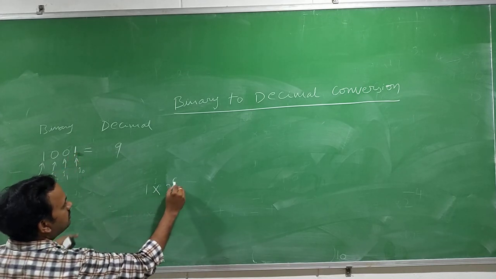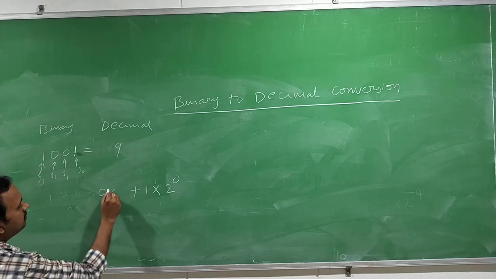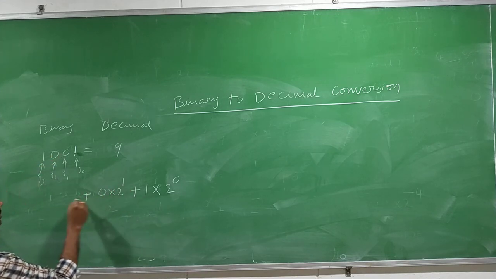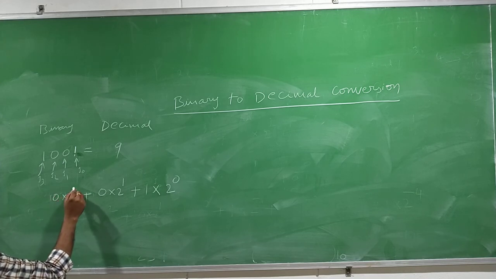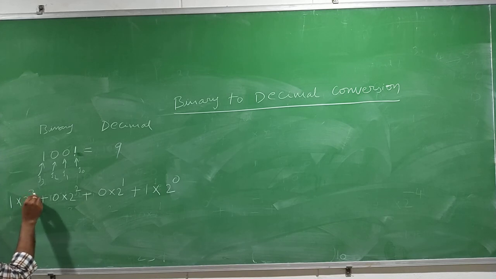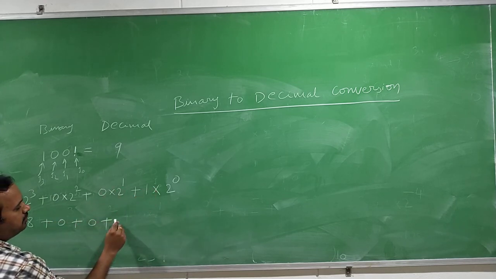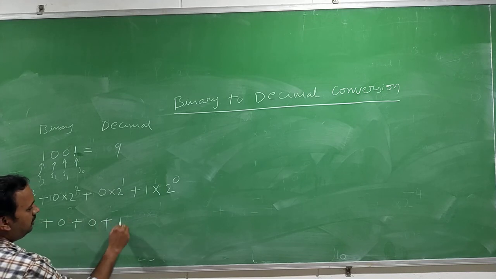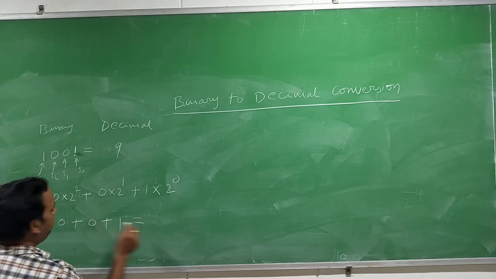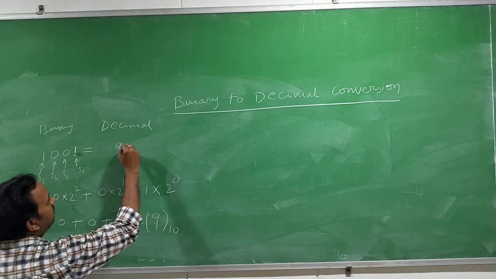What is this position? 0 plus 0 into 2 power 1 plus 0 into 2 power 2 plus 1 into 2 power 3. 1 into 2 power 3 means 8, plus 0 into anything is 0, 0 into anything is 0, and 1 into 2 power 0, 2 power 0 is 1, so it is 1. You will get 8 plus 1, which is nothing but 9.